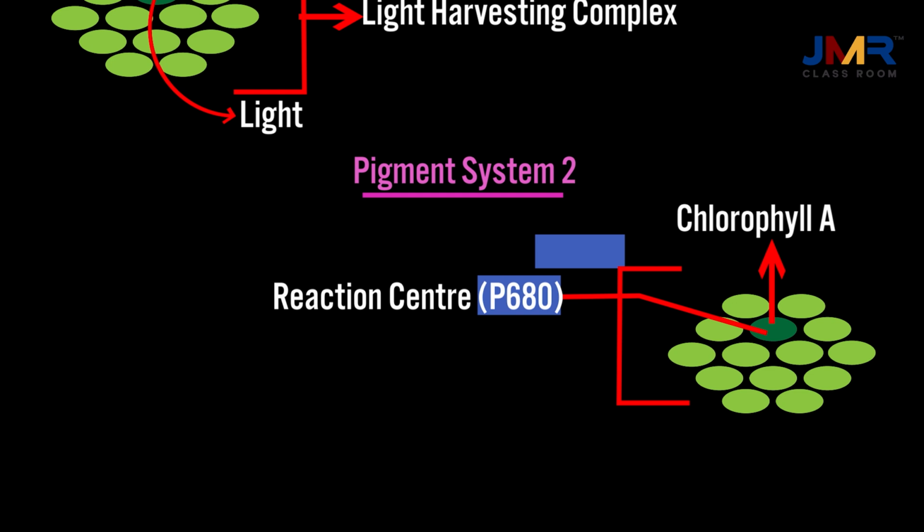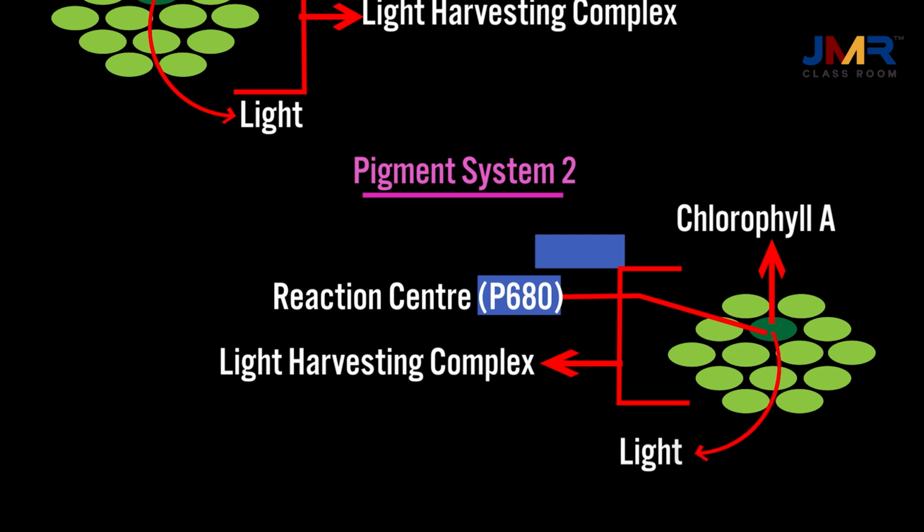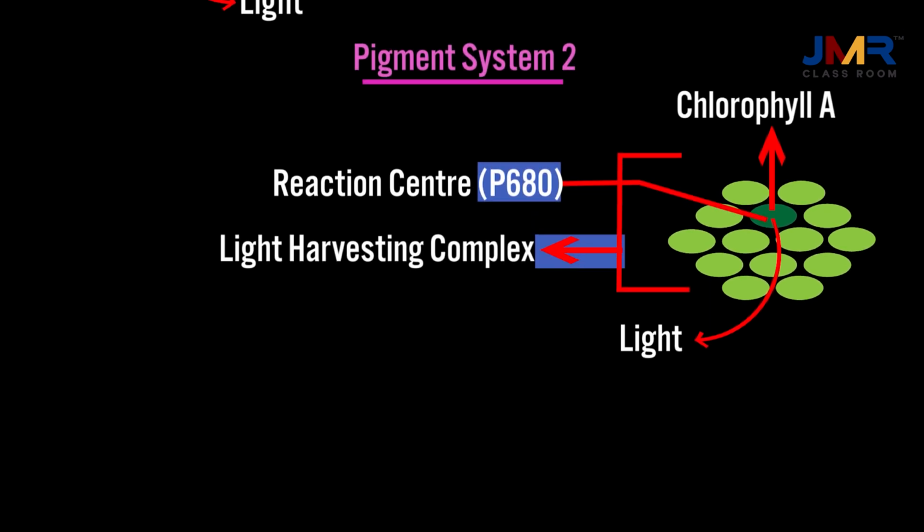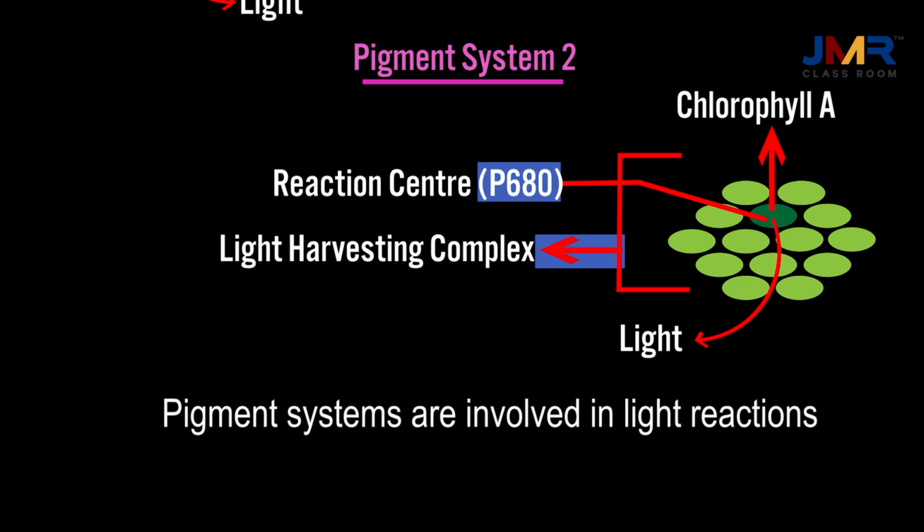That's why this reaction center is called P680. Here in PS2 also the light harvesting complex is present. It absorbs light energy and passes it to the chlorophyll A reaction center. Pigment systems are involved in light reactions. These light reactions occur in thylakoids.